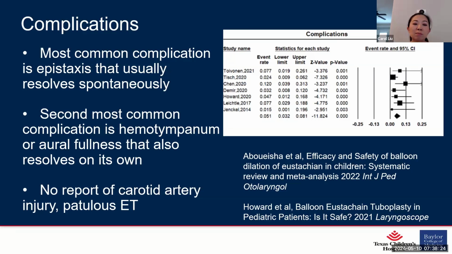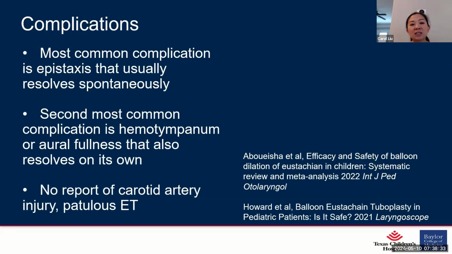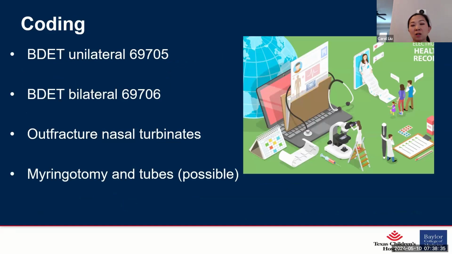And there has been no report of carotid artery injury or permanent patulous Eustachian tube dysfunction. At TCH, we do have kids that have temporary patulous Eustachian tube dysfunction that resolves usually within 4 to 6 weeks. We have 2 of those patients over time.